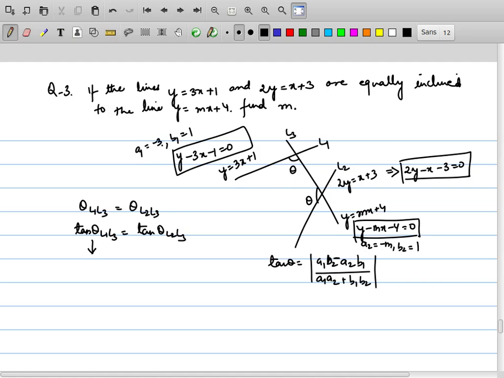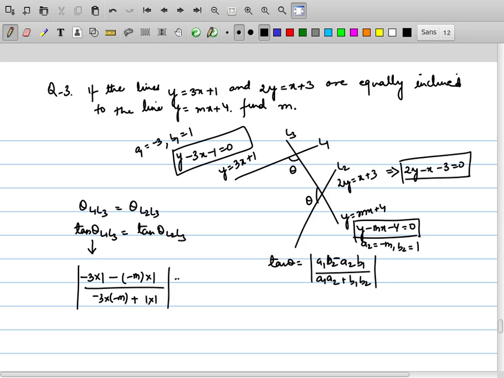Now if we apply this, a1 b2, that is minus 3 into b2. What is b2? 1. Minus a2 b1. What is a2? Minus m. And what is b1? 1. Upon a1 a2, minus 3 into minus m, plus b1 b2, 1 into 1.